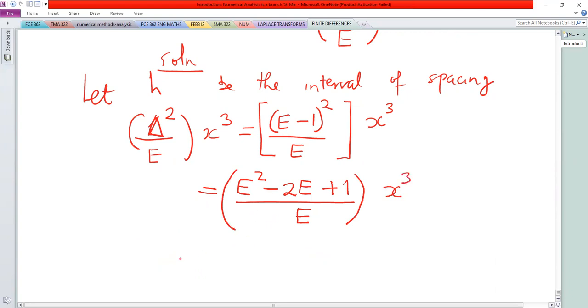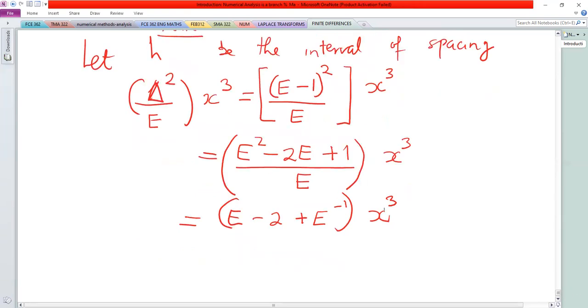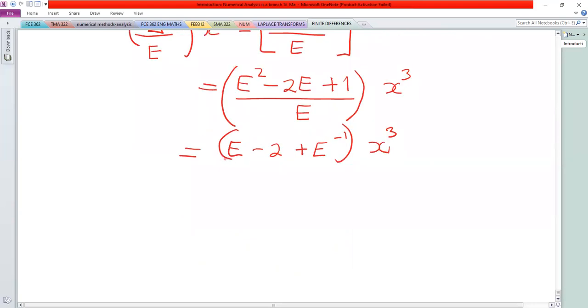Then dividing every term by shift, we'll get shift minus 2 plus shift raised power negative 1, and then x power 3. So then now we apply x power 3 to every part. So we'll have shift x power 3 minus 2 x power 3 plus shift raised power negative 1 x power 3.